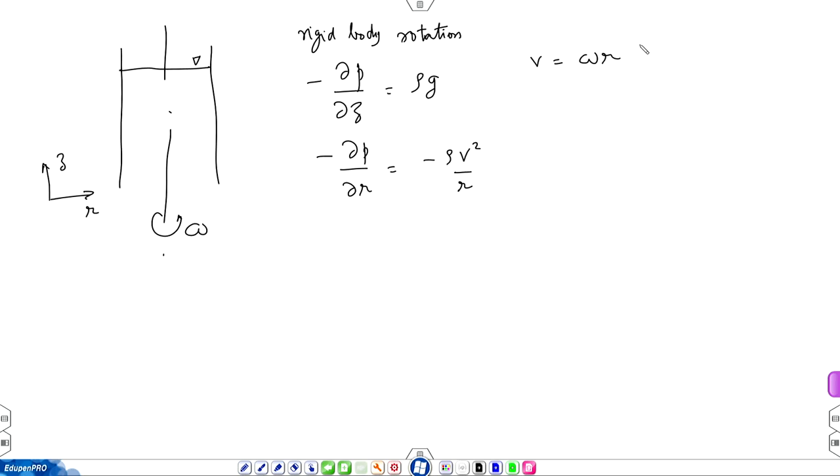Okay, so, once again you can integrate these equations. Equal to minus rho g z plus some function of r, and then putting them in the second equation, minus f prime r is equal to minus rho omega square r.